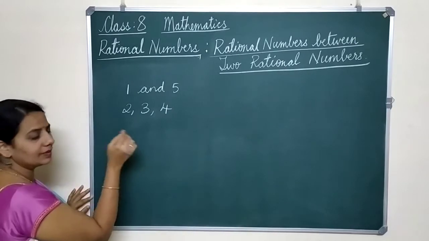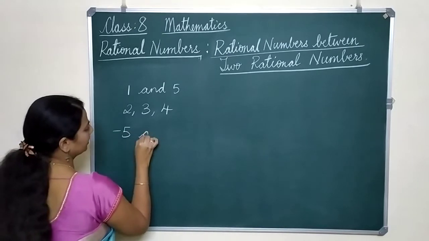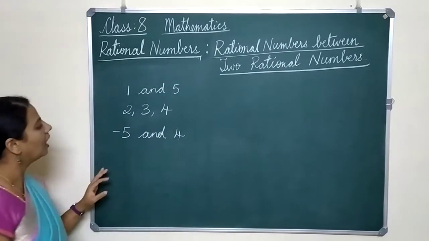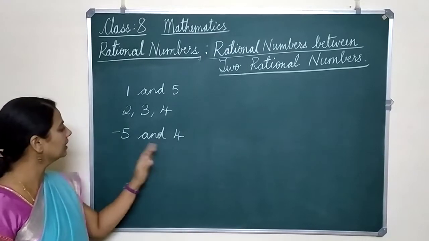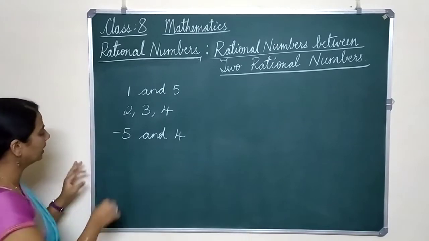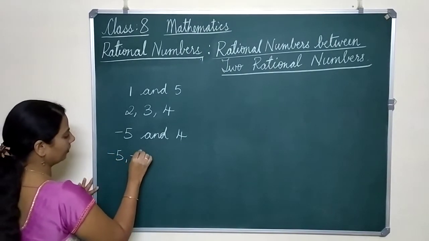Now one more example I'll give you. Say -5 and 4. How many numbers are there in between these two numbers? So what comes after -5? Your -4.